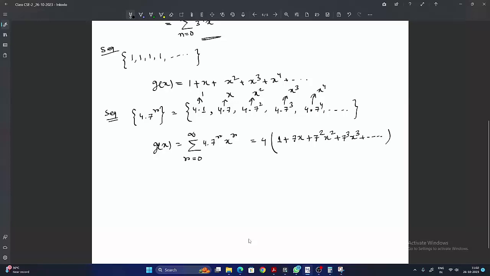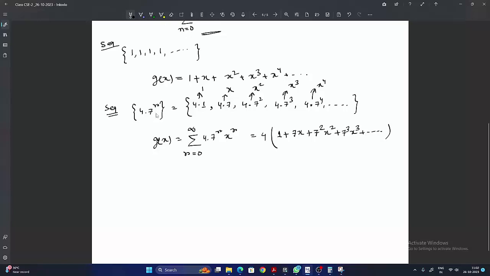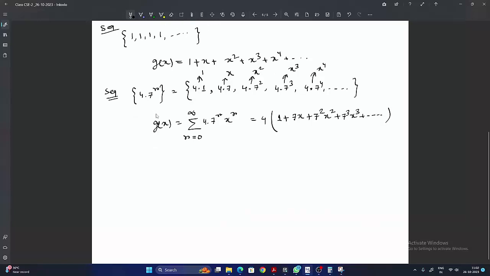Is it clear now? Yes, sir. So if the sequence is given, just put x there and you will get the series. If the series is given, just pick the coefficients and you can build the sequence. Now you need some formulas to build the sequence from the series.